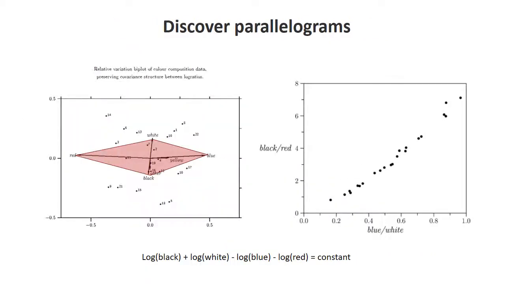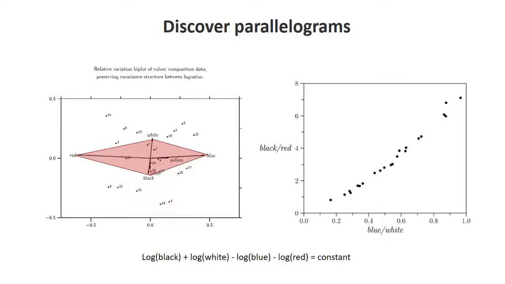Another view of the same information is to look at these diagrams, the biplots, and just try to discover parallelograms. For example, here we notice the parallelogram between red, white, blue, and black. A simple analysis will show that for those, the log of those proportions is constant, and that's essentially the definition of a parallelogram in a biplot.